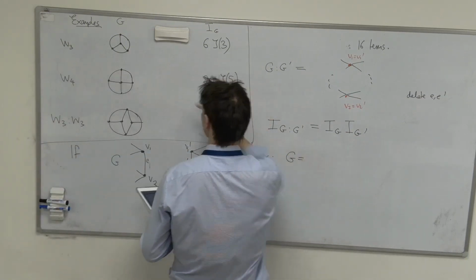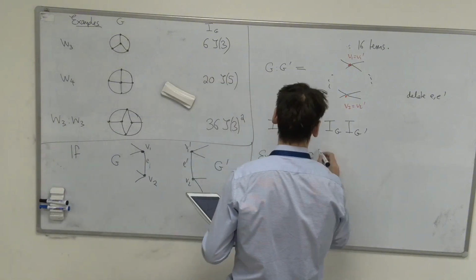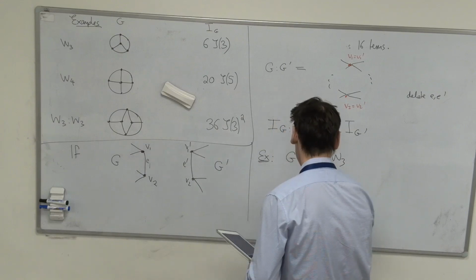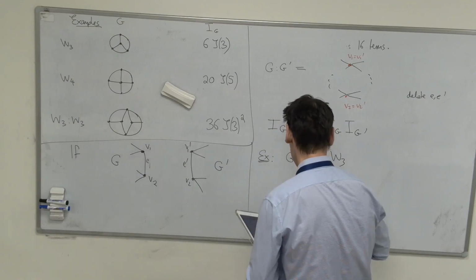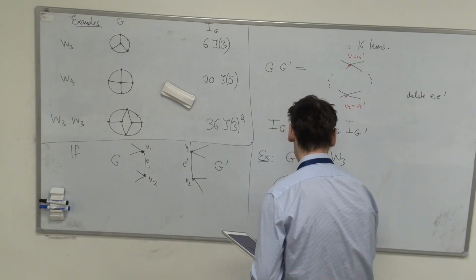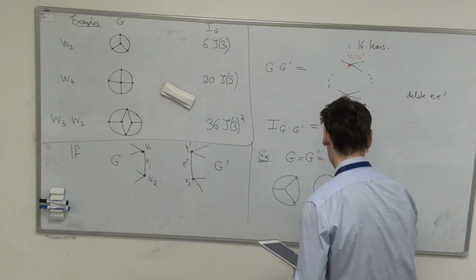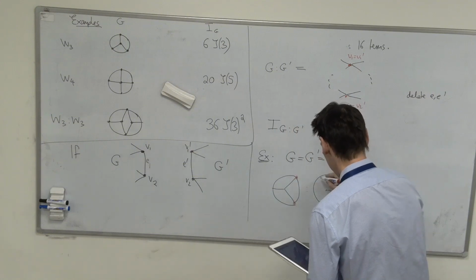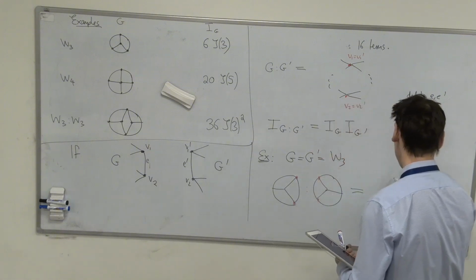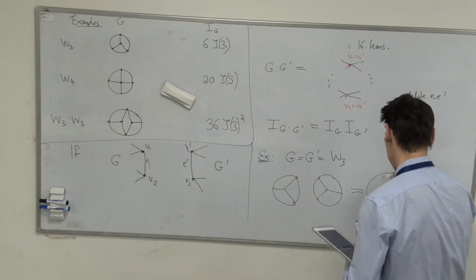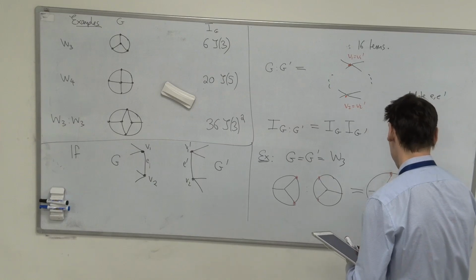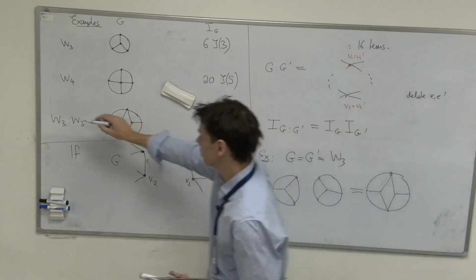So if we do this example here, if G is the wheel with 3 spokes, and I draw it like this, and I two vertex join this to this graph, then I get this graph, which is exactly this one here.